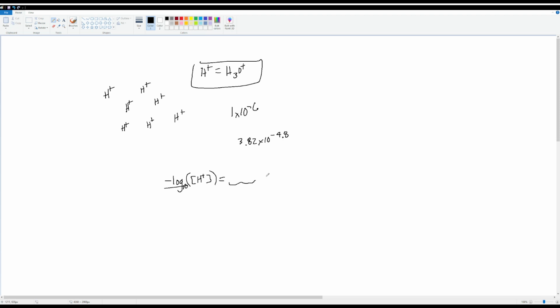For most things in this class, our pH range will be between about 0 and 14. You can have pH below 0. You can have pKa's below 0. I think hydrochloric acid has a pKa somewhere around -2.